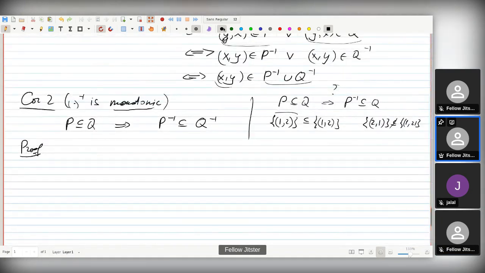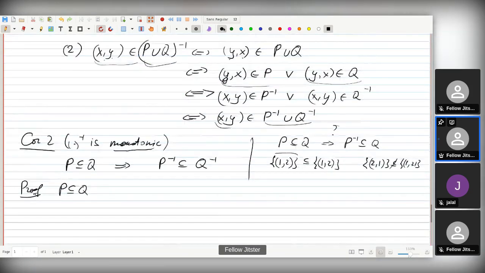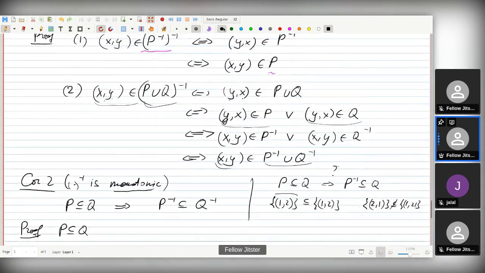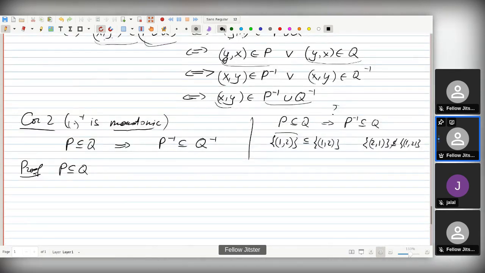Okay. So how can we prove it? It is very easy. The best way to do so is to recall that P is included into Q if and only if the union of these two sets equals what?